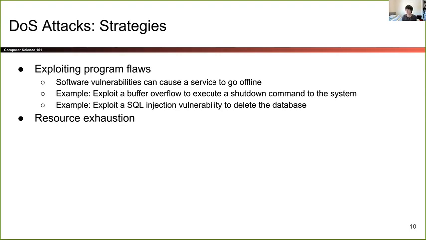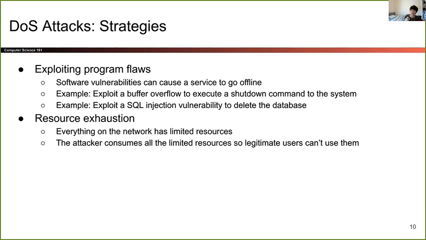The other way, and this is the way that we're going to focus on a little bit more, is resource exhaustion. Anything that's connected to anything, anything that runs on a computer has a limited number of resources. If you've ever opened more than like 5 Chrome tabs, you know that your computer only has so much memory before it starts slowing down and everything starts coming to a halt.